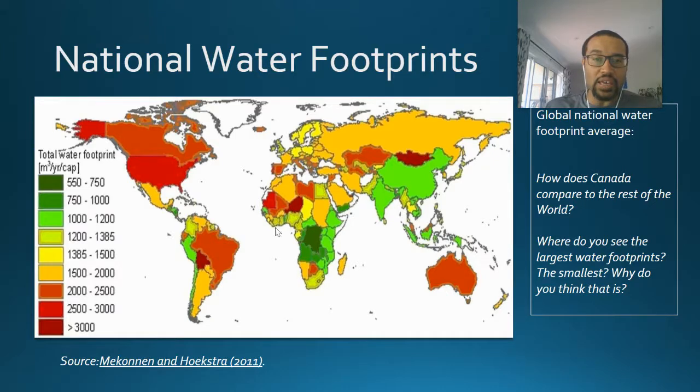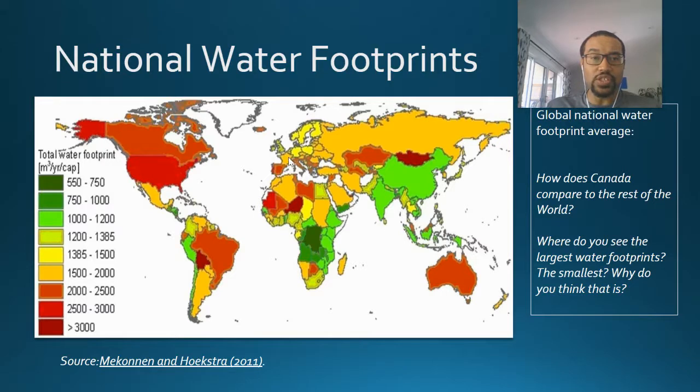If we look at that region that we've looked at before, sub-Saharan Africa, where my cursor is pointing around, that's one of the poorest areas, and it does look like they have a much smaller water footprint than we do in North America, in particular Canada and the United States, less so in Mexico. But you also see some countries that are very high in terms of their economic power.